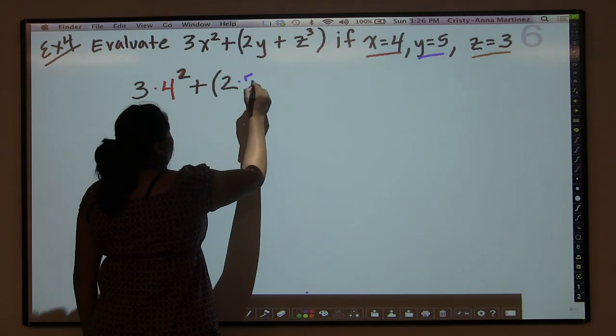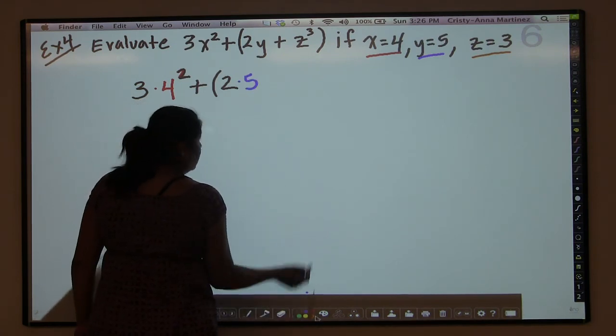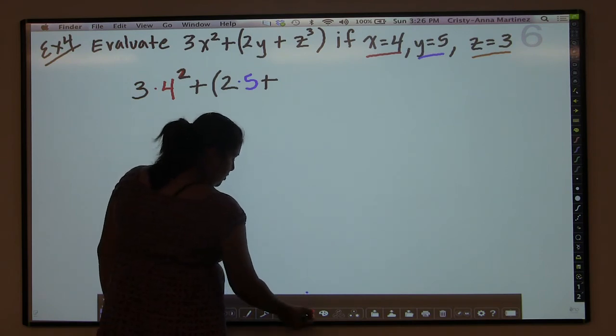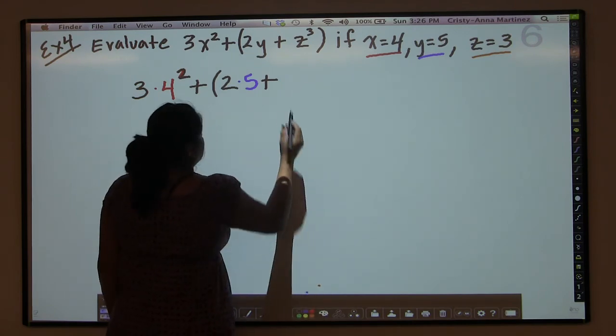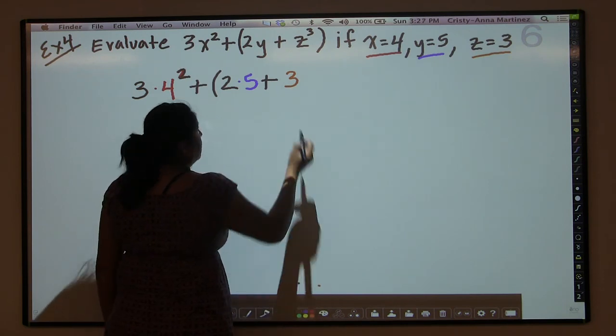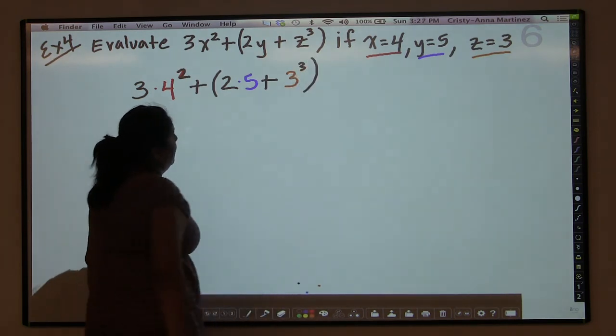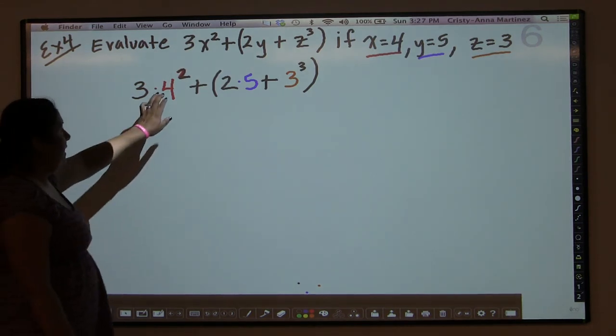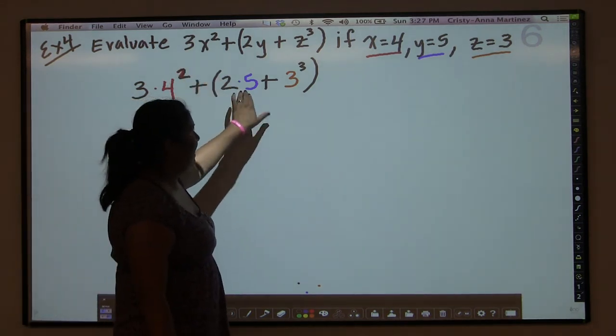So 2 times 5 plus z, but z is 3, and that's in an orange. So that would be 3 cubed.